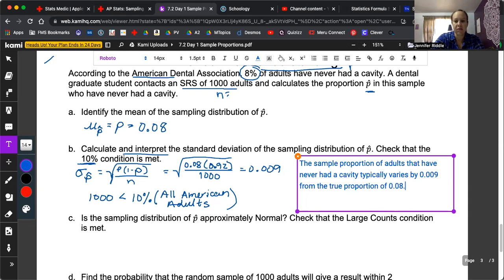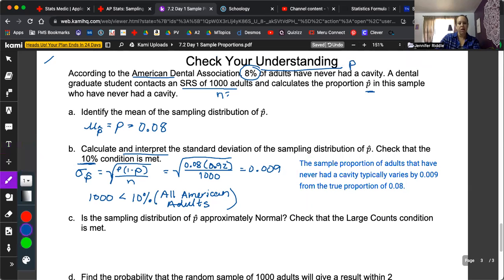So how is this different from the interpretation of standard deviation that we've looked at before? Well, we still have our keyword of typically varies. But instead of typically varying from the mean, now we're saying we're typically varying from the true proportion. So that's the difference from what we've seen before.